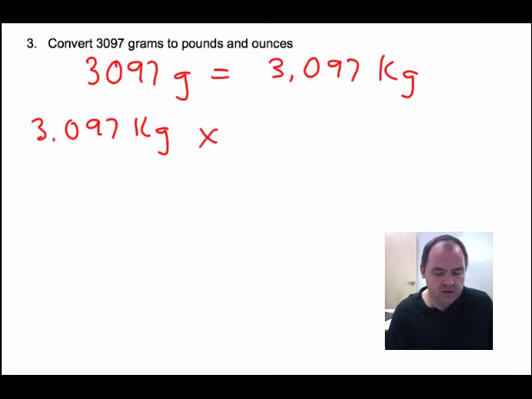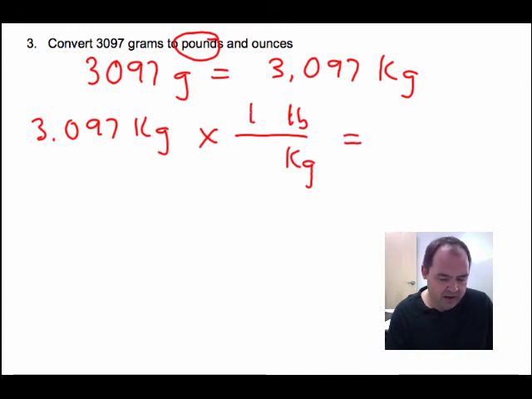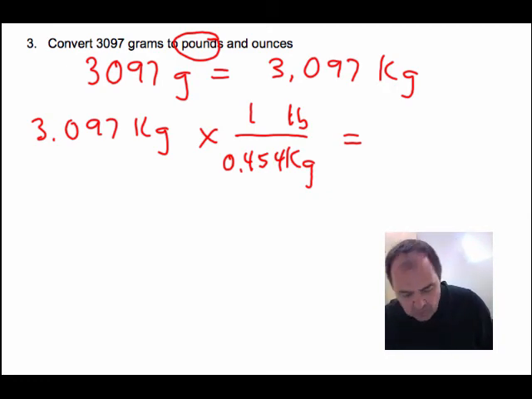And again, I'm going to work towards the larger of the units, which is pounds. And I want to eliminate the kilogram units, and I want to get into the pound units. And the formula for that is that 1 pound equals 0.454 kilograms.